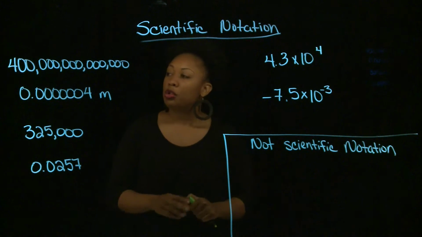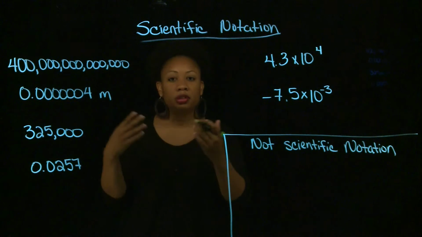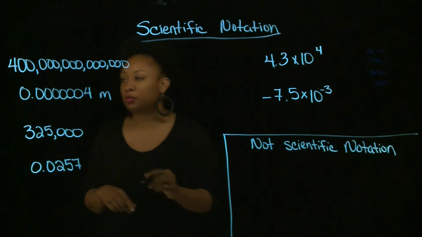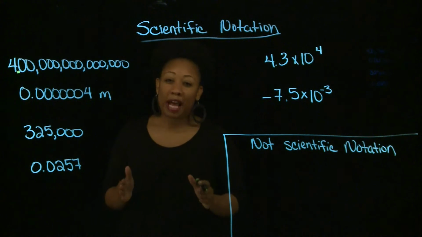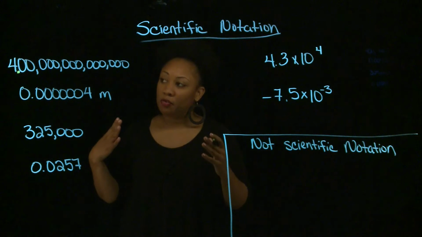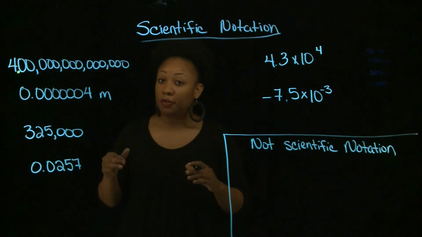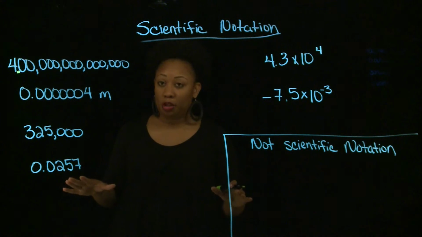To make this really big number a smaller, more manageable number, you're going to place a decimal right after your first number. I say your first number because you want your number to be 1, 2, 3, 4, 5, 6, 7, 8, 9. That's it. No numbers can be bigger than that.